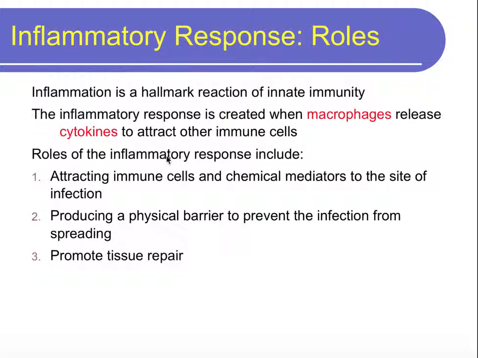So the role of the inflammatory response includes, number one, attracting these other white blood cells to the area, and chemical mediators will also be released. You'll produce a physical barrier to try to prevent the infection from spreading, and then you also promote tissue repair. So basically, you're trying to bring more white blood cells to the area and deal with the infection, promote repair, and obviously there are signs and symptoms associated with inflammation.